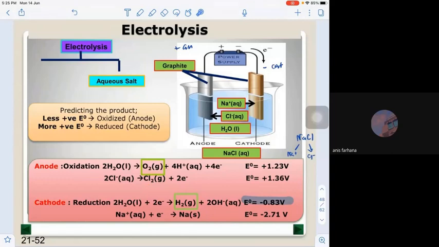Because this is a dilute sodium chloride. Remember, there are three factors just now, and one of them is the concentration. This is a dilute sodium chloride, so the concentration of the chloride is low. When the chloride is low, the concentration of the H2O is high, and their values are almost the same. So we need to consider the concentration as well.